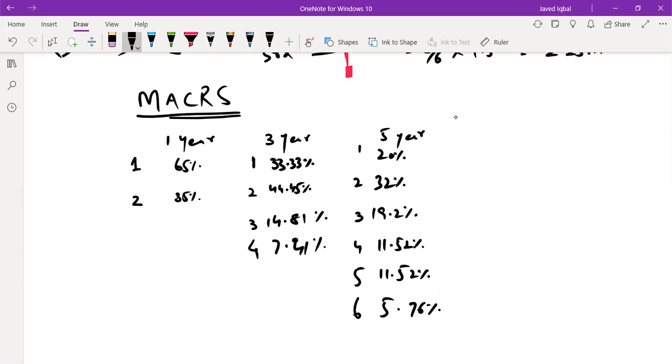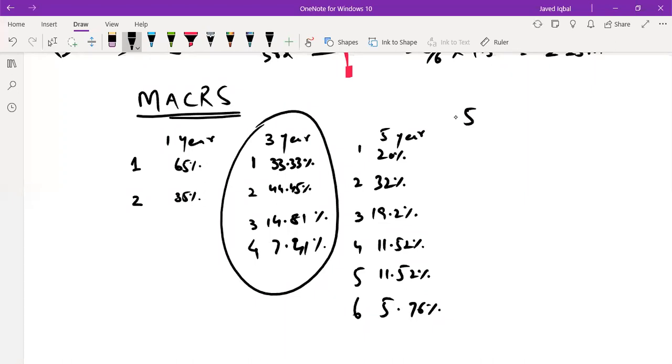So for a 3-year class, we were using 5 million asset. So in the first year, it should be 33.33%, which is 1.667 million. In the second year, 5 million should be multiplied by 44.45%.